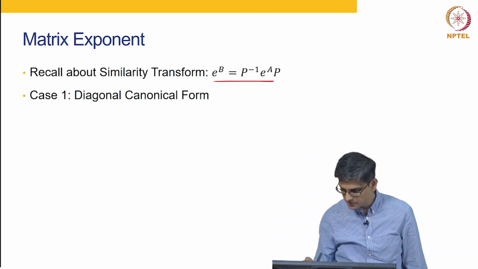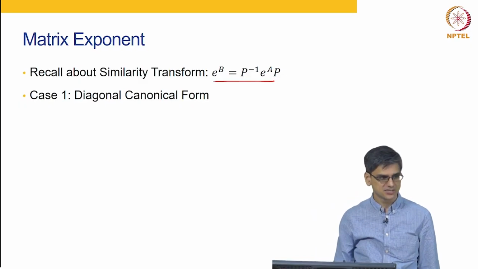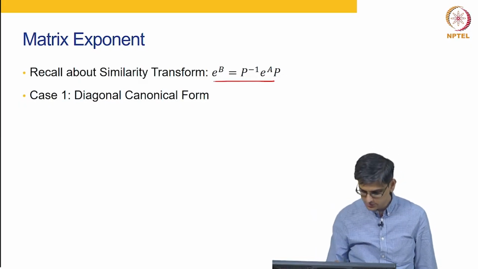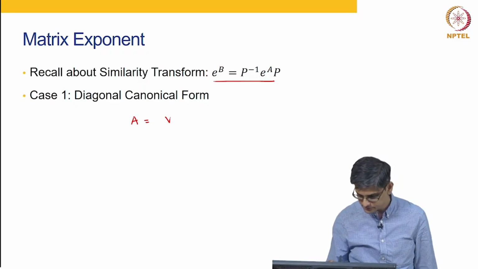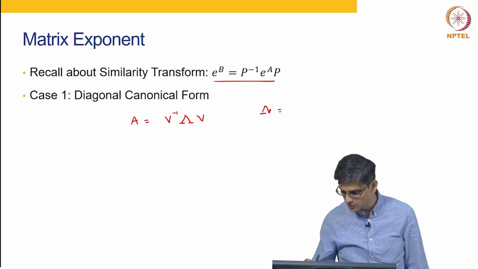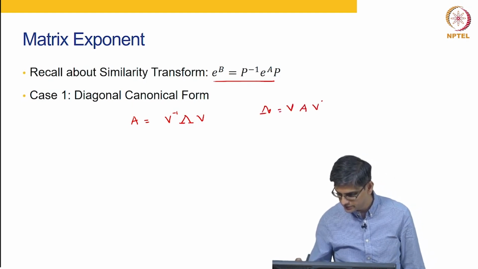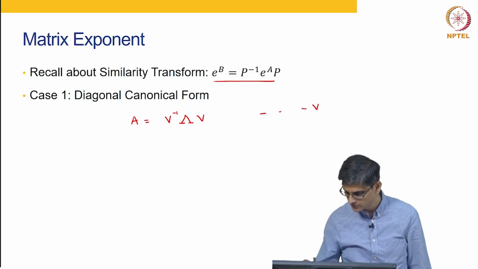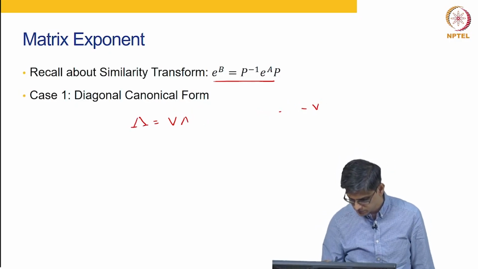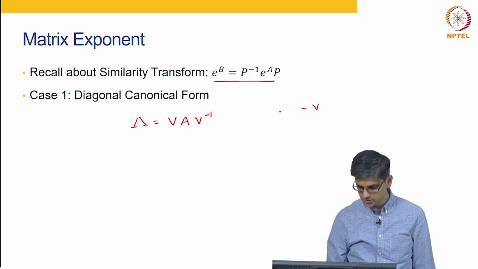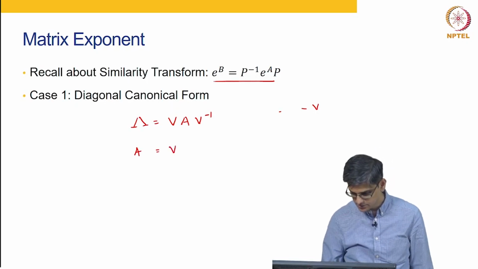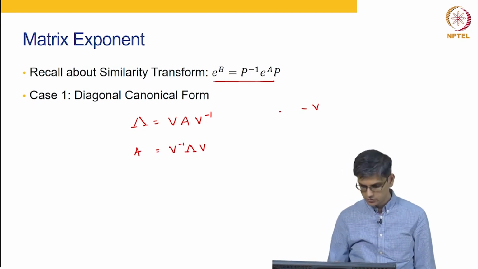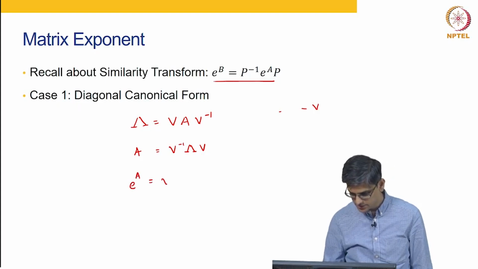If B and A are similar, then lambda was V A V inverse, sorry, A is V inverse lambda V. So we can write A as V inverse lambda V. So e to the power A is V inverse e to the power lambda V.